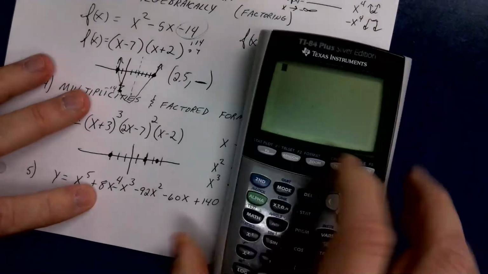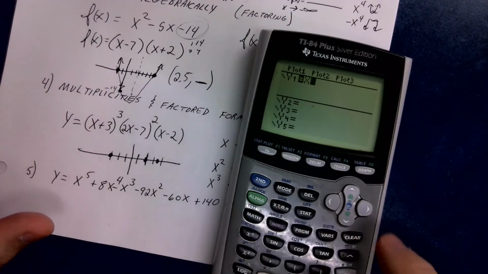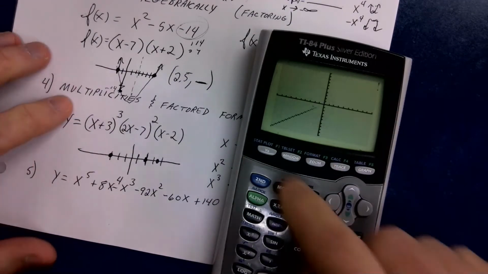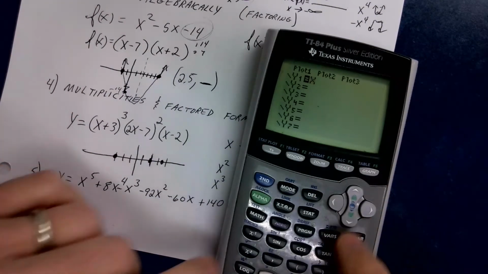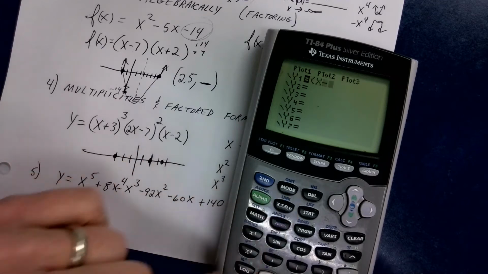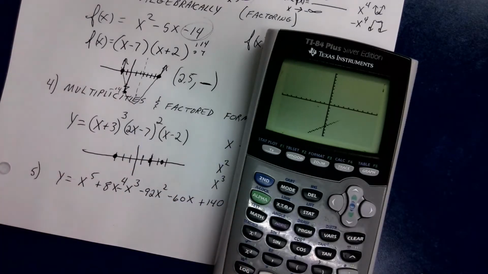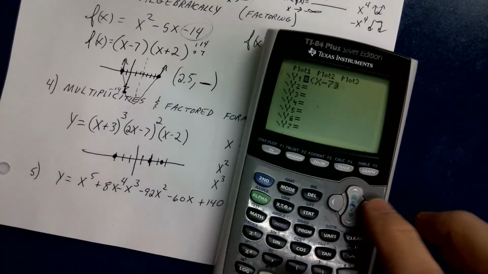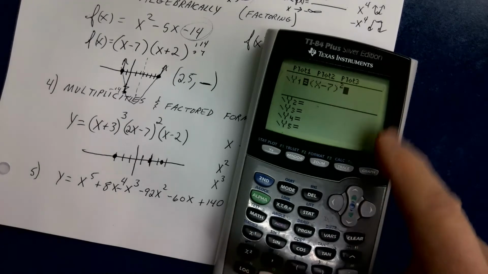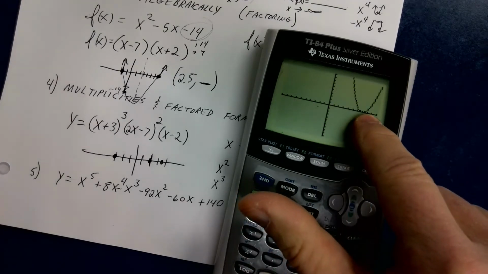So let me kind of give you little pictures of all these things again. So y equals x, we got zoom 6. You can see it'll go straight through, even if it's parentheses x minus 7. You can see it'll go straight through at 7. Just like that, yeah? But if I change that to a degree of 2, it will bounce at 7.